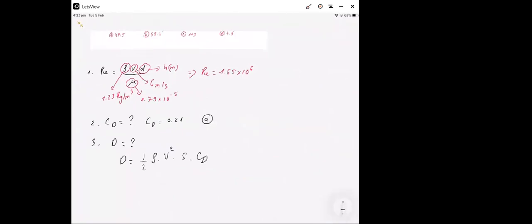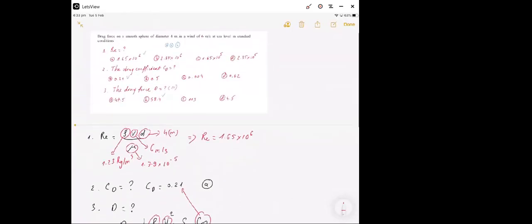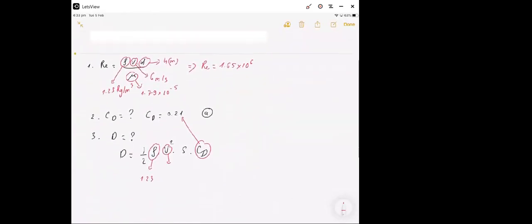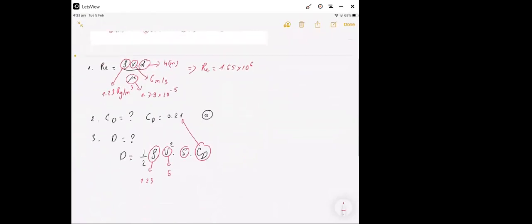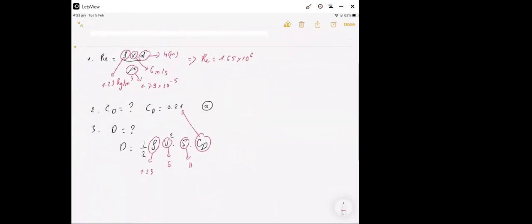With CD is 0.21. Density 1.23. Velocity you have here is 6 meters per second. S, frontage area, is pi d square over 4, with d is 4 meter.